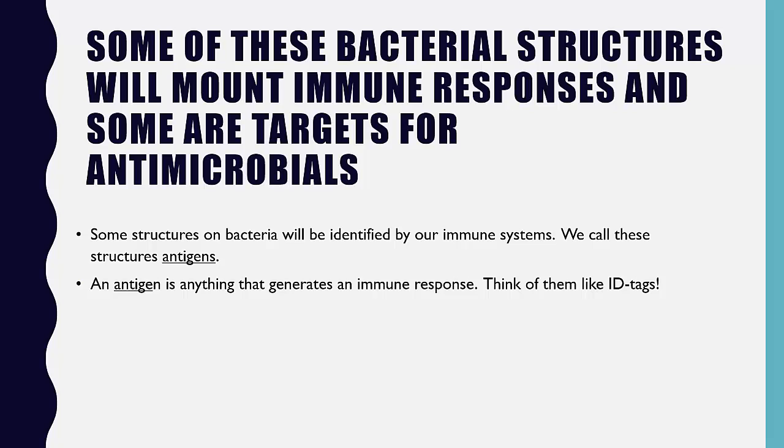But later on, we realized that antigens generate a whole lot more. Think of antigens like identification tags. Now, the bacteria and other pathogens would rather not be identified. So they're only ID tags to us or to our immune cells. To them, they would really rather hide these things. They don't want to be identified by the immune response. In fact, they try really hard not to be identified.